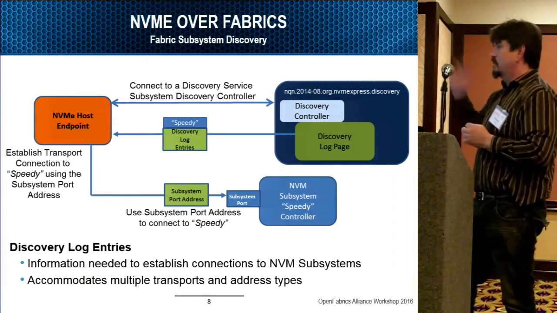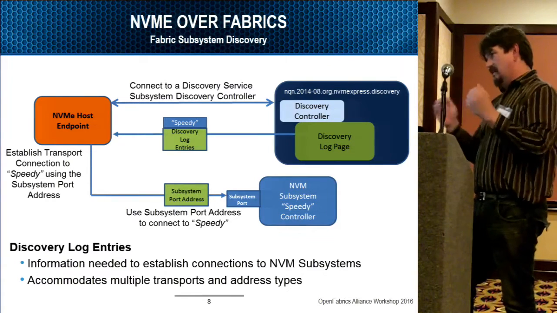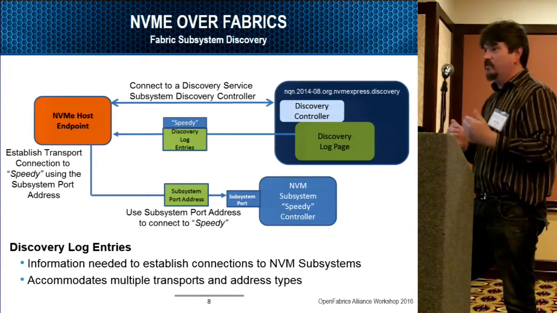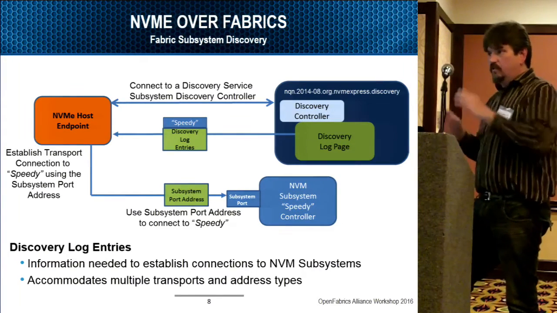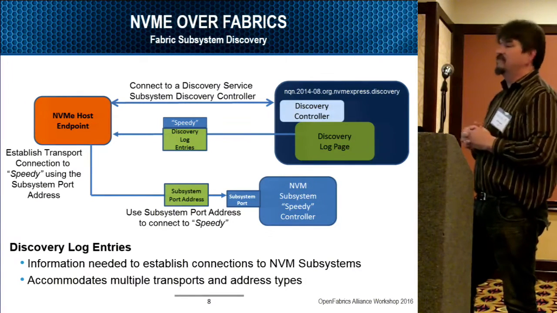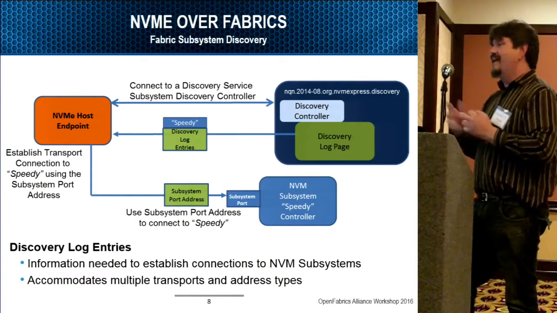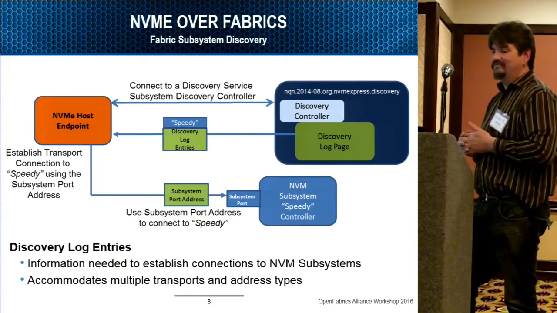And if a target is capable of being accessed by more than one fabric for failover, high availability, then it will get a log page for each of those fabrics supported on that given target. After which the host will simply shut down the connection to the discovery server and start establishing connections to each of its assigned resources.